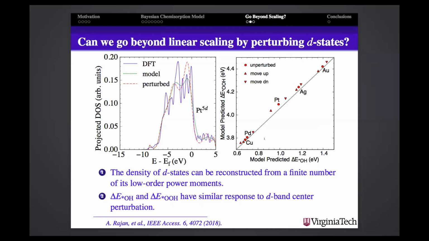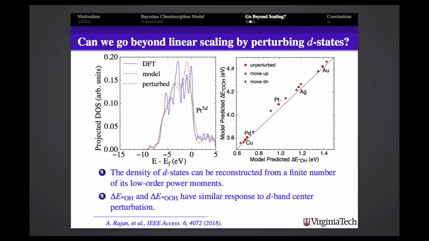For example, if we want to shift the d-band center of platinum or any metal by a small amount, simply perturbing it without changing all the other moments of this distribution, how does it affect the binding energy of OH and OOH? Here, for different metal surfaces, you move the d-band center up and down, even though you're not influencing all the other moments, and the binding energies are still linearly correlated on this parity plot.